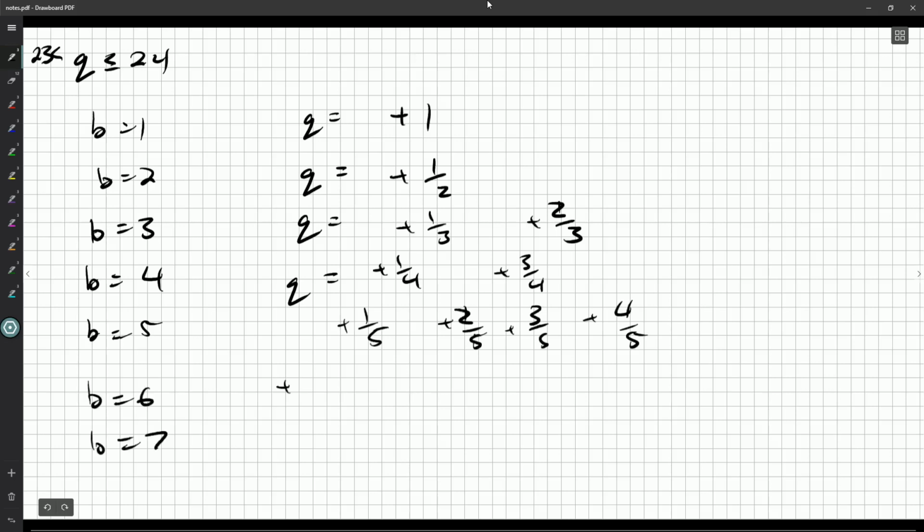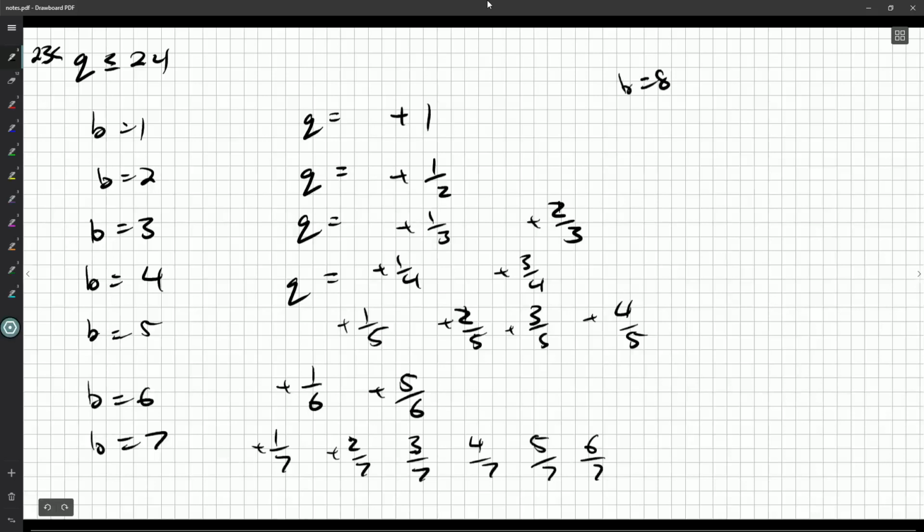For 6, you'll have 1/6, not 2/6, because that would be a third already. Not 3/6, not 4/6, but 5/6. For 7, we should get everything, except, of course, for 7/7. I suppose we could try and cram in 8 up here. 1/8, not 2/8, because that's the same as a quarter, but 3/8, 5/8, and 7/8.